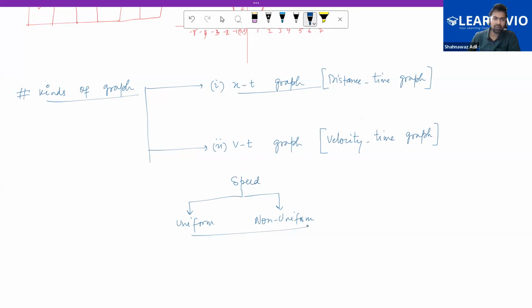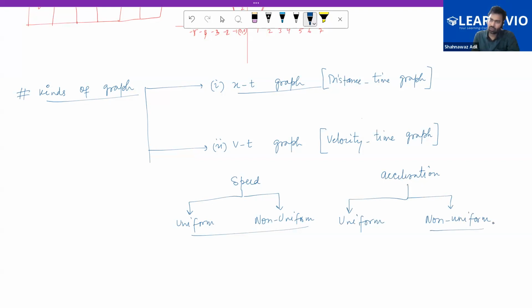Now from the graph, how can we interpret whether the motion is uniform or non-uniform? Similarly, we found out acceleration. So acceleration was uniform and this was non-uniform, right?